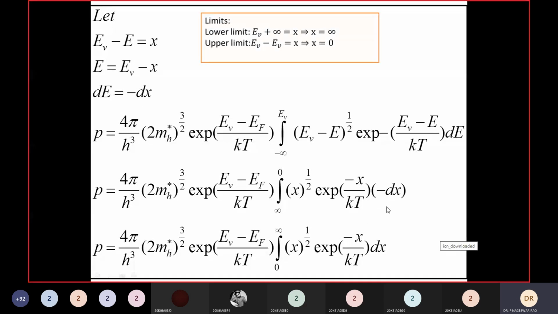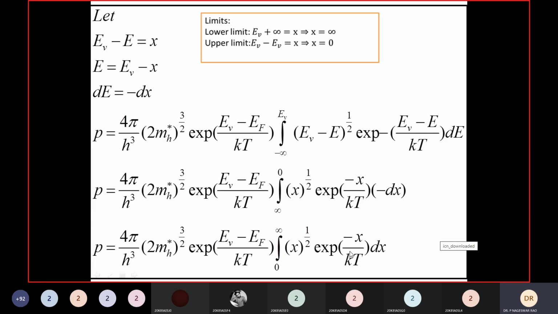The minus will be cancelled if you change the limits, since the upper limit becomes lower and the lower limit becomes upper. So it becomes integral from 0 to infinity of X power 1 by 2 exponential of minus X by KT dX. Finally we got this type of form.